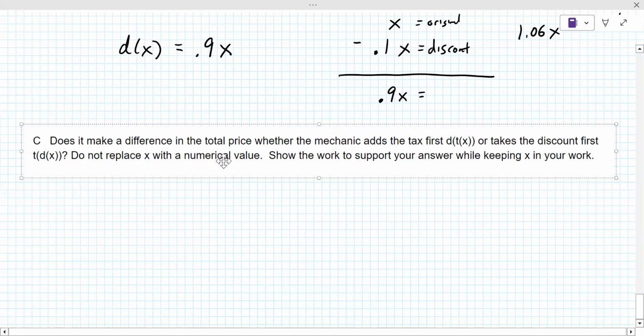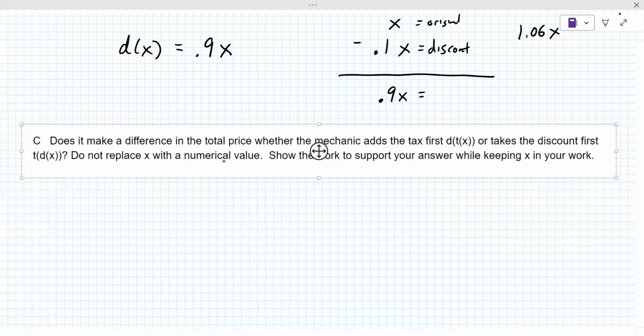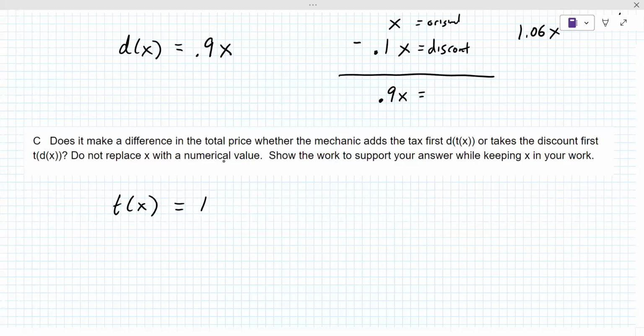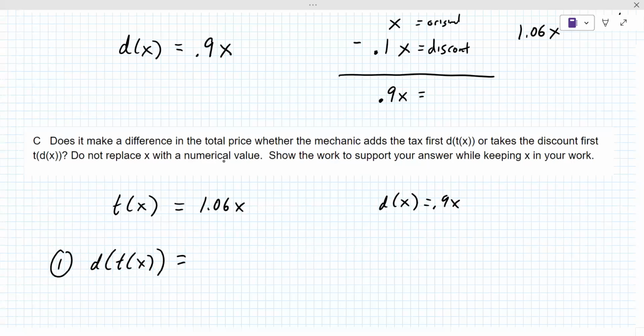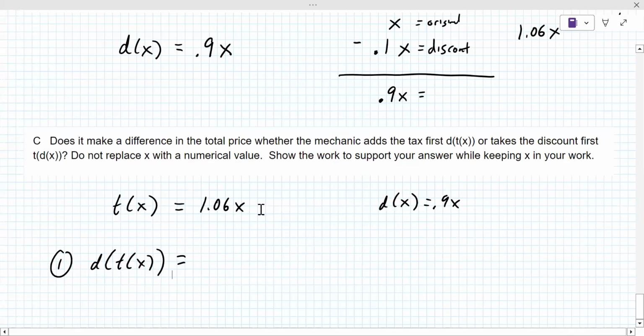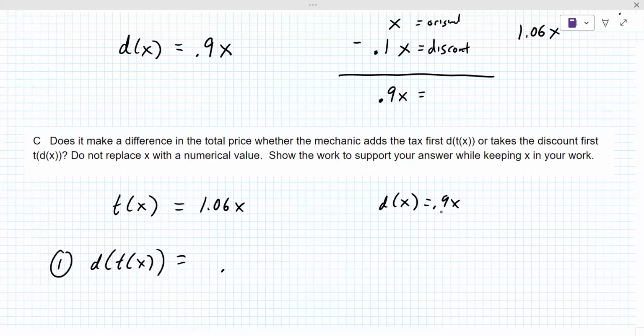But we'll do it the way they've asked. So here's t of x, 1.06x, and d of x is 0.9x. We're going to first calculate d of t of x. This means to take t of x and put it in for x in the other equation. 0.9 times 1.06x. So go to your calculator and we're going to multiply 0.9 times 1.06.